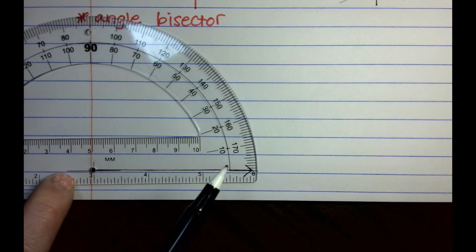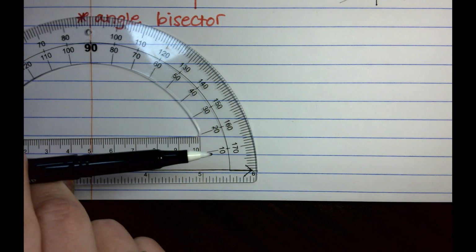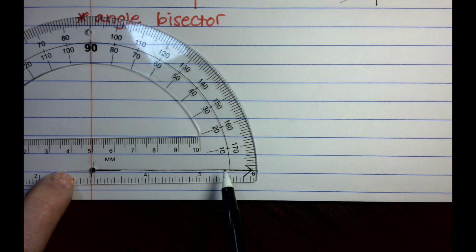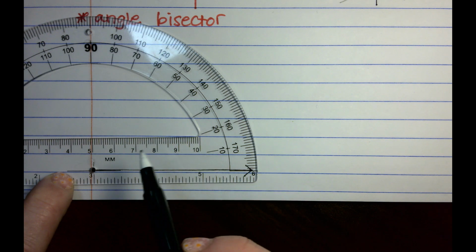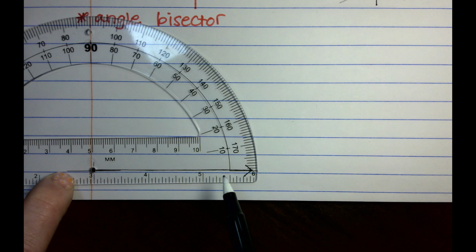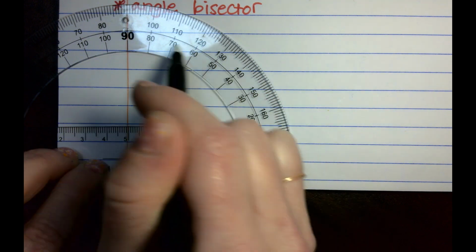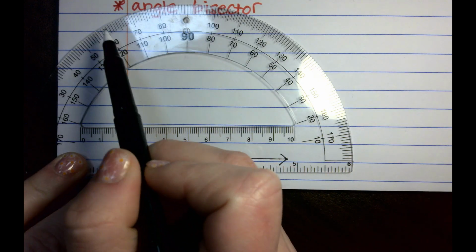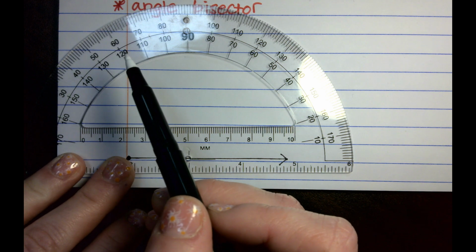If I'm starting from the right, which numbers start from 0 and get bigger as they go? The inside numbers: 0, 10, 20, 30, 40, 50, 60, 70. If I were to use my outside numbers, it won't work, because 60 on the outside is all the way over here, and I'd accidentally draw a 120-degree angle.